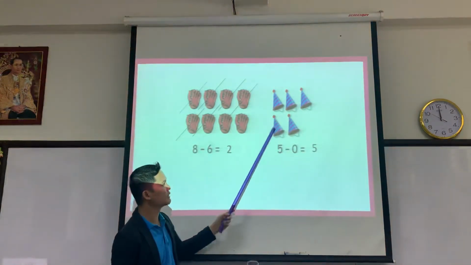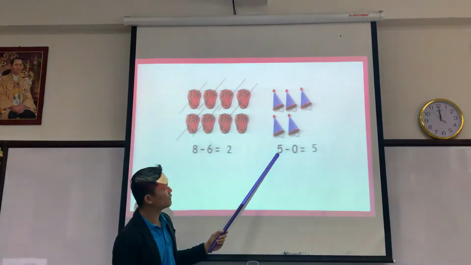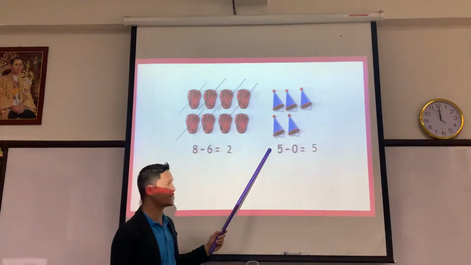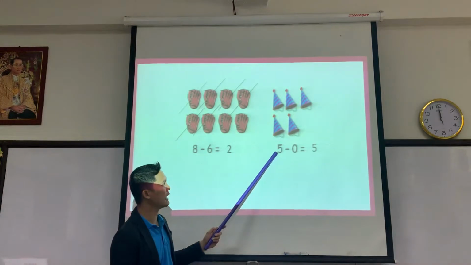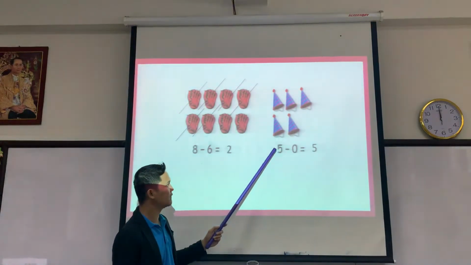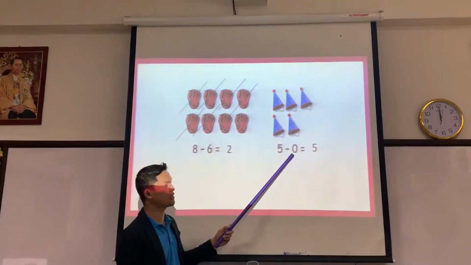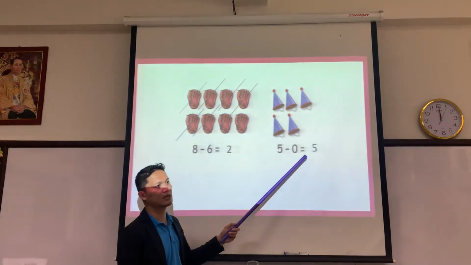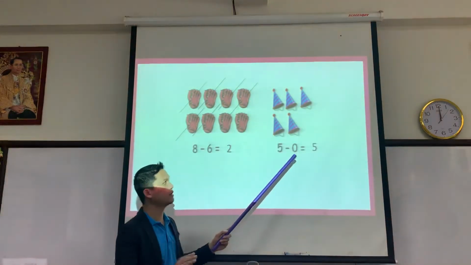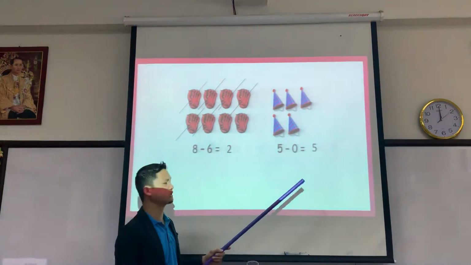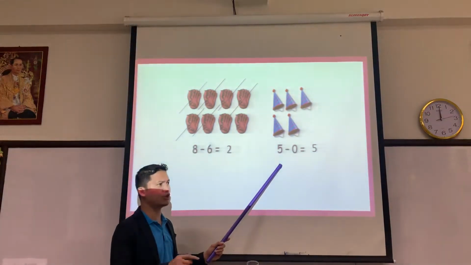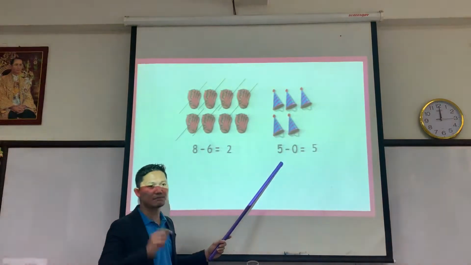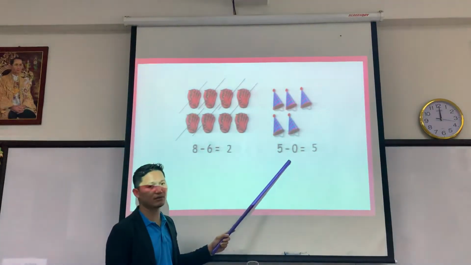There are none taken away, so we conclude that 5 minus 0 equals 5. There is no subtracting when the subtrahend is 0.